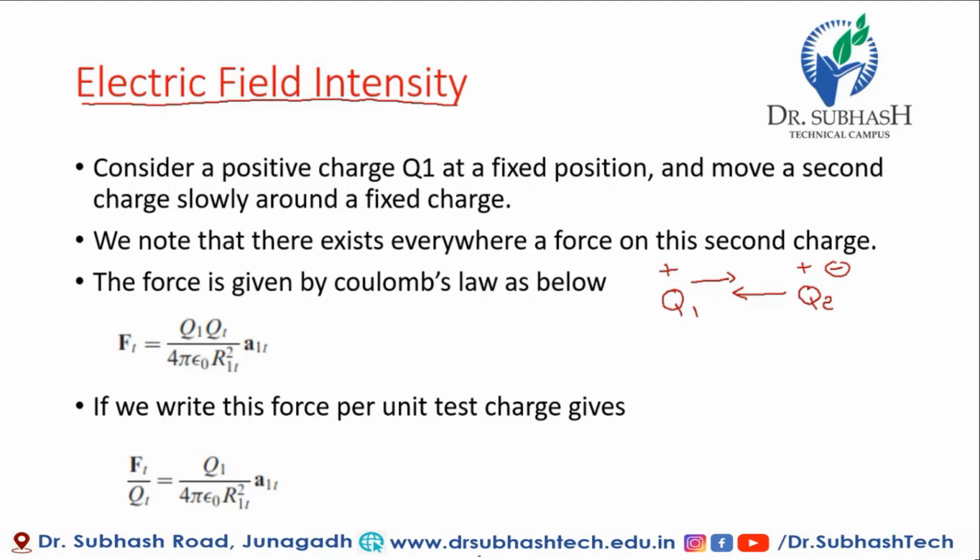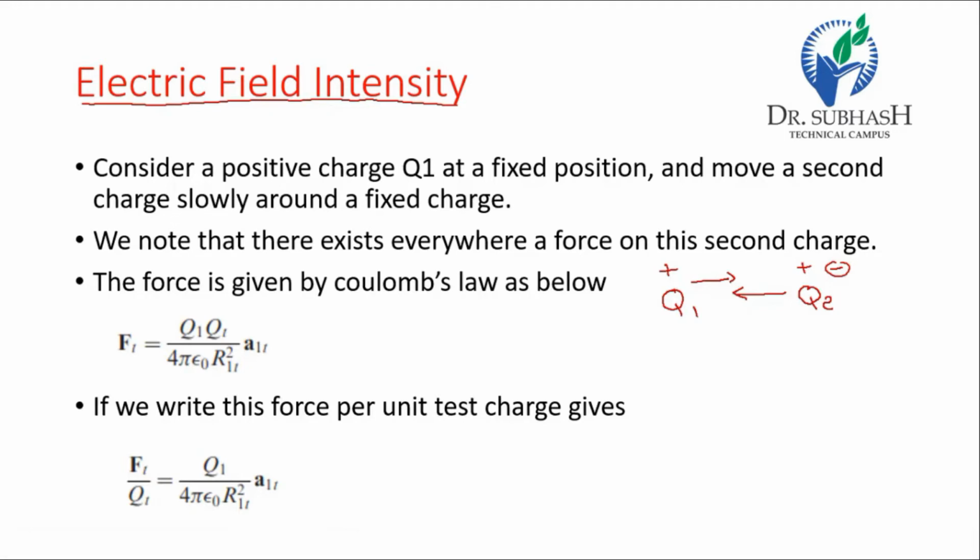Now, to find the electric field intensity, we consider one positive charge Q1. The location of the positive charge Q1 is fixed, and we take another charge Qt, which is known as the test charge.